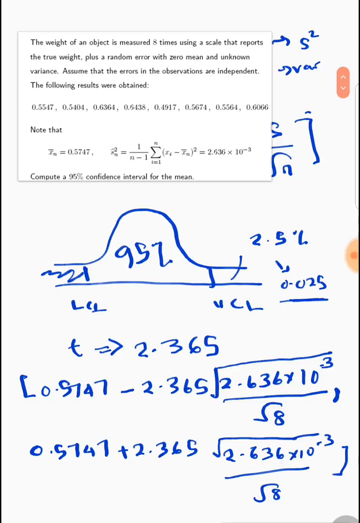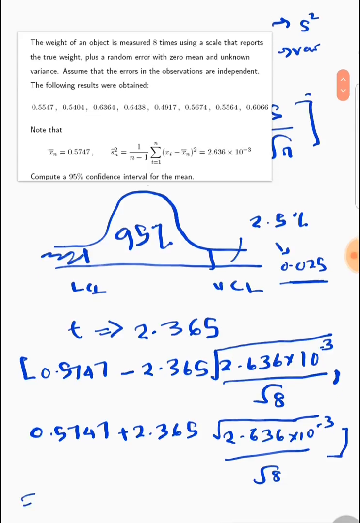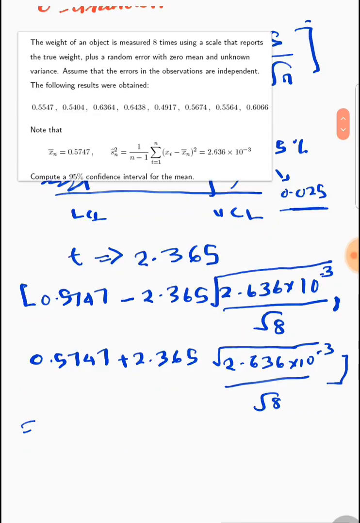This will give me 0.531 and 0.618. As you can see, it's basically the same thing, only that you're referring to a different table.